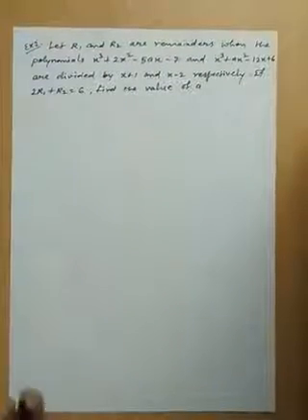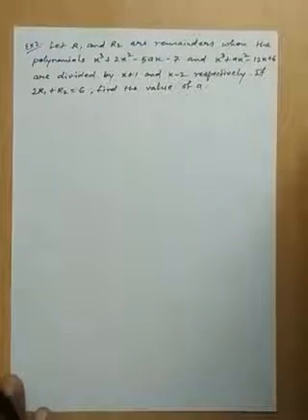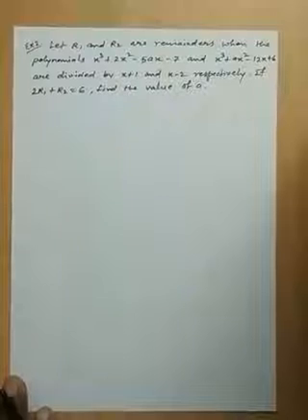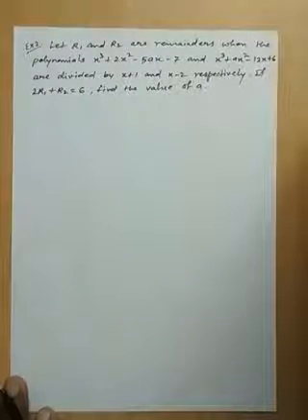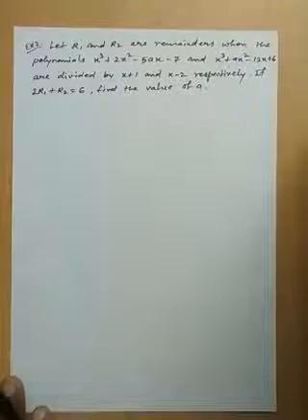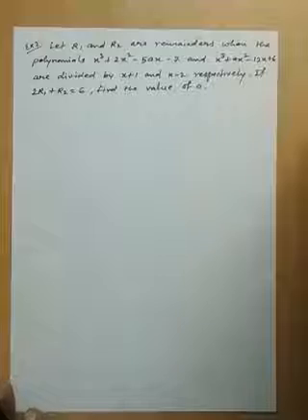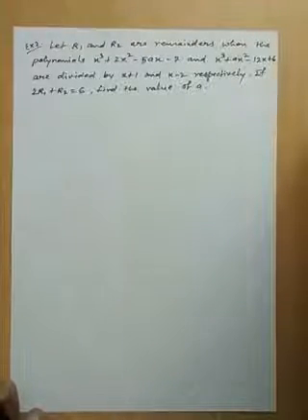Let's switch to the next question, which is also based on the remainder theorem. If R1 and R2 are the remainders when the polynomials x cube plus 2x square minus 5ax minus 7 and x cube plus ax square minus 12x plus 6 are divided by x plus 1 and x minus 2 respectively.